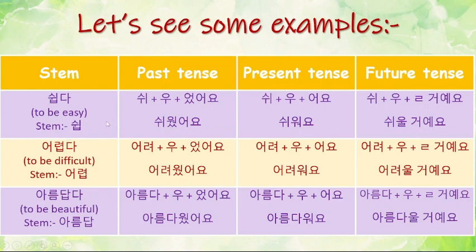Now before I start the conjugation of this particular adjective, I will tell you that if you don't know how to conjugate verbs and adjectives, first you should go and learn it on Korean Express YouTube channel. I will also share the link of that particular playlist where I explained the conjugation of verbs and adjectives in all these 3 tenses, past, present and future.